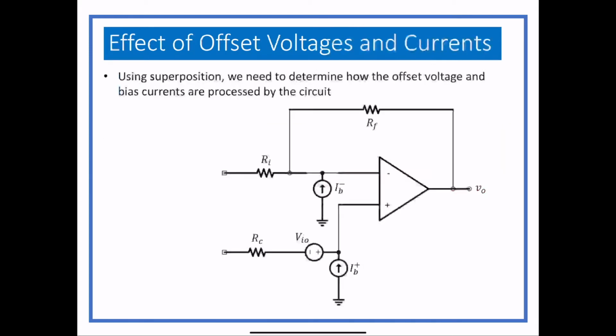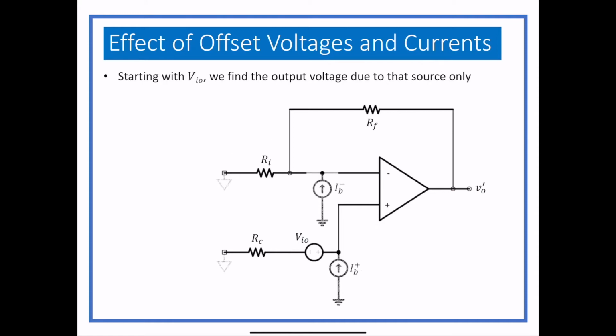So we're going to look at how these work in the circuit. We're going to use superposition, so we're going to use each one individually and see what their effect is and see if we can figure out what the overall effect would be. So first of all, we're just going to look at VIO, and that means we're going to turn off the two current sources, and we basically just get rid of them because they're open circuits, so they just disappear from the schematic.